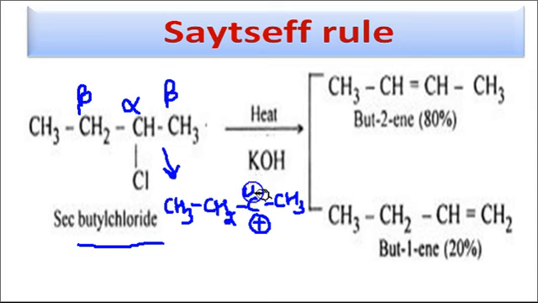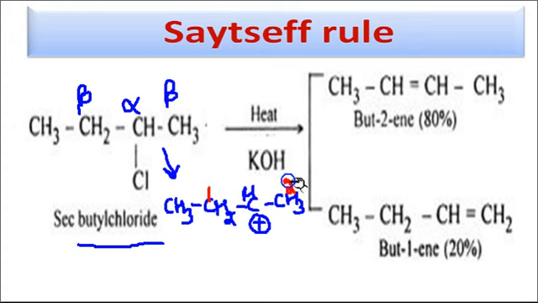In the first step, this carbocation is formed with the elimination of the chloride. Now, in the second step, beta hydrogen is to be eliminated. Now, two types of beta hydrogens are available in this carbocation. One is this one, and the second one are these beta hydrogens.